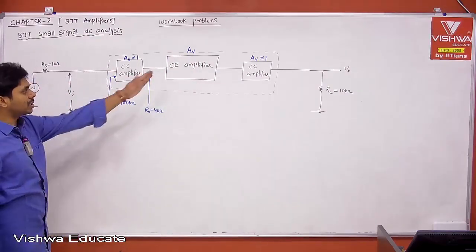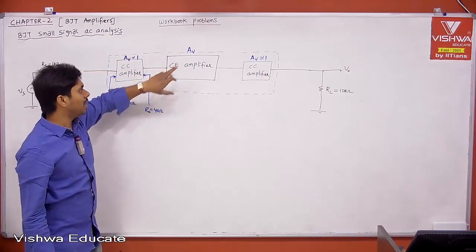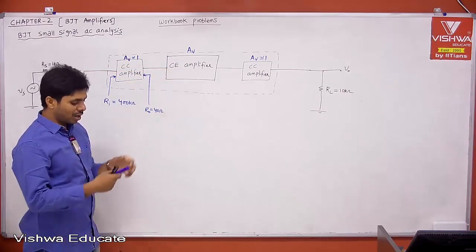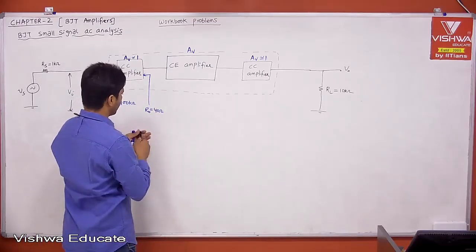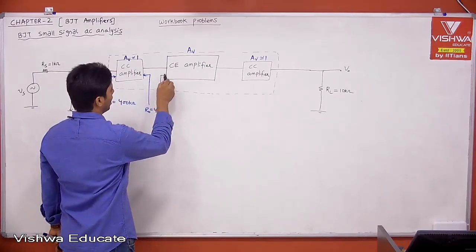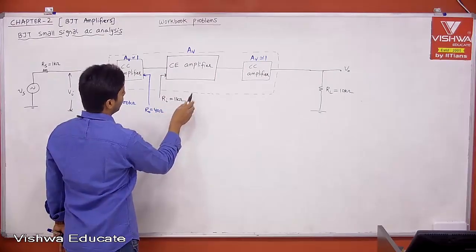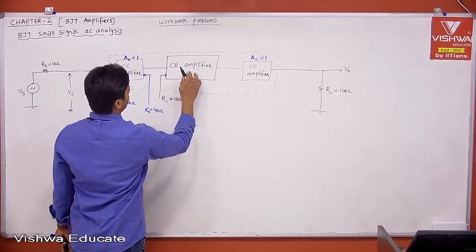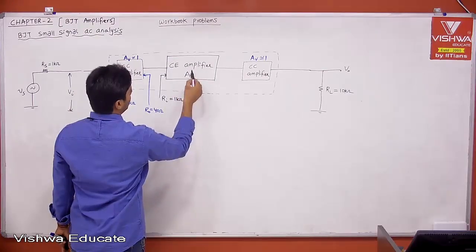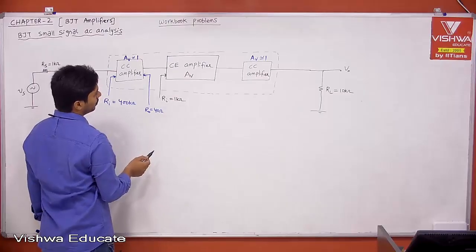Earlier, in the CE configuration, we just gave Vs and Rs directly over the CE amplifier, but the input impedance of the CE amplifier, Ri, is 1 kilo ohm. And this is providing voltage gain AV. Now Ri is equal to 1 kilo ohm.